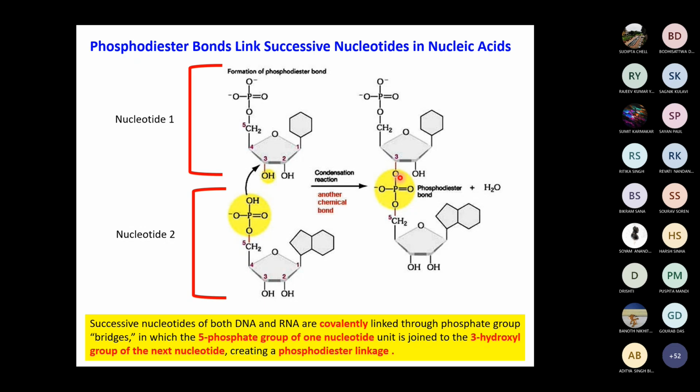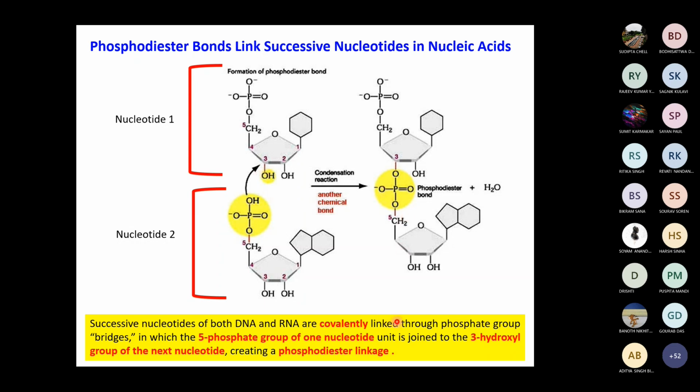Clear? So DNA and RNA, these nucleic acids, are covalently linked together, with the 5th phosphate group of one nucleotide joined to the 3-hydroxyl of the second nucleotide, forming a phosphodiester linkage or phosphodiester bond.